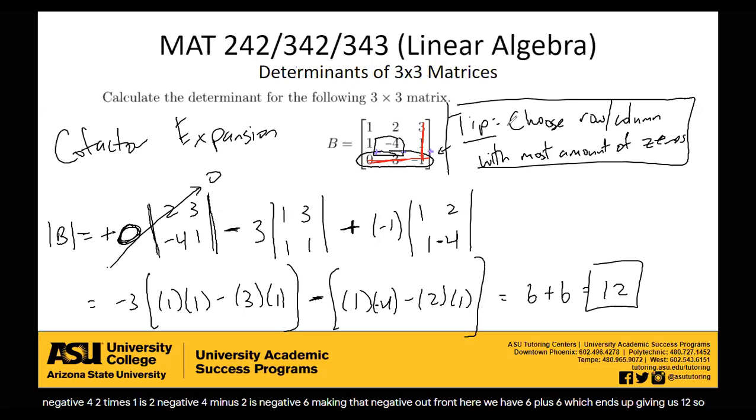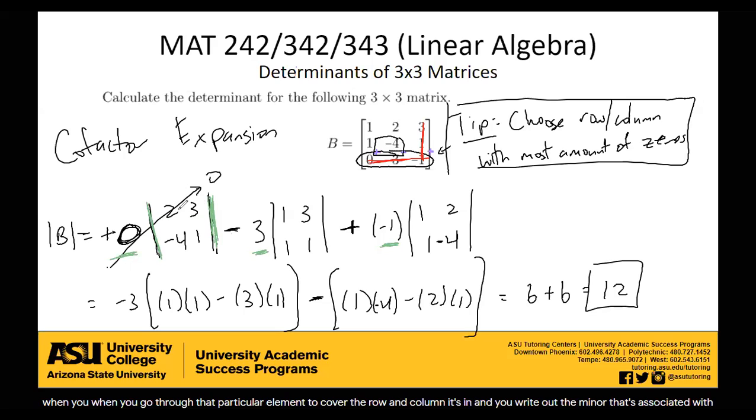Okay, so this is the method that is the typical one taught for calculating 3x3 matrices, and then even 4x4, 5x5, however big your matrix ends up getting, is through cofactor expansion. So you pick a row or column, then you go through each element of that row or column, like we did here, right? We went through first element, second element, third element. When you go through that particular element, you cover the row and column it's in, and you write out the minor that's associated with it.